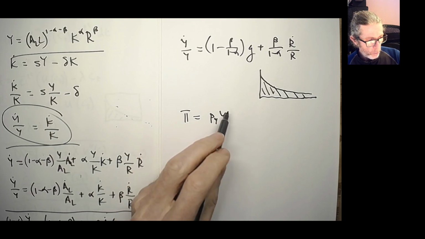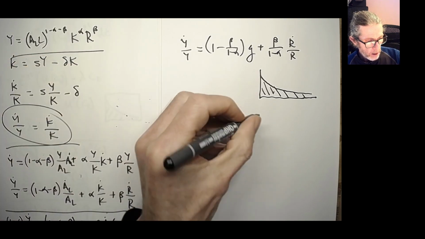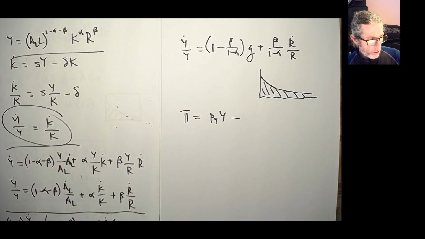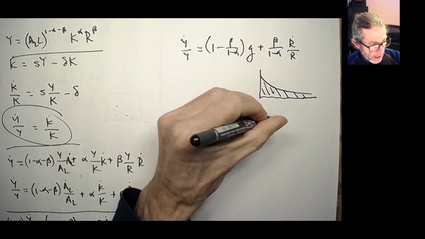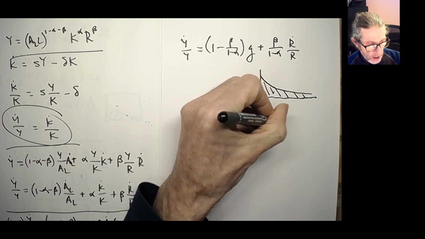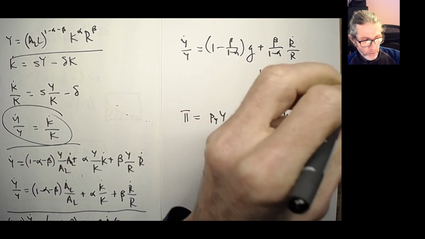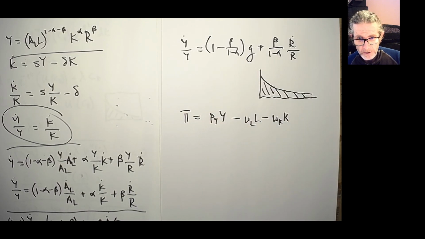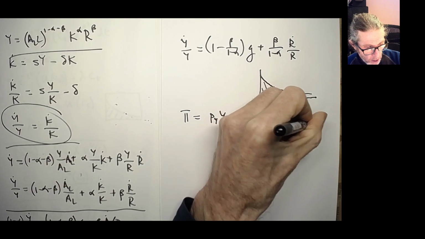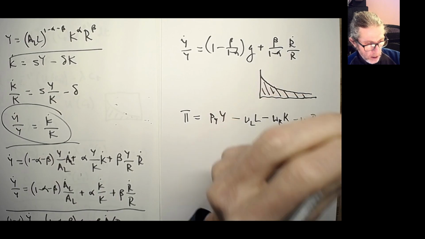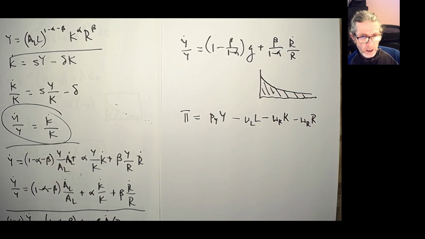PY is the price of y times the quantity minus the input costs. So that could be, like, we could call it WL times L minus WK times K. We don't usually use WK for the price of hiring capital, but I'm going to do it. Minus WR times R. Those are the input costs, right?